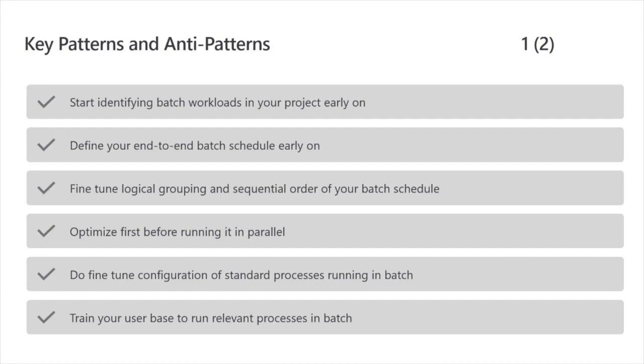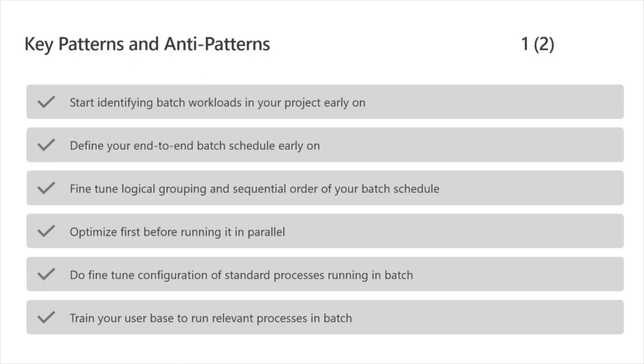Optimize first before running in parallel. So you have a process that is not tuned and doesn't perform well if you're running it single-threaded. If that is not fine-tuned, then of course it is quite hard to reach efficiency in runtime behavior, also in parallel execution.